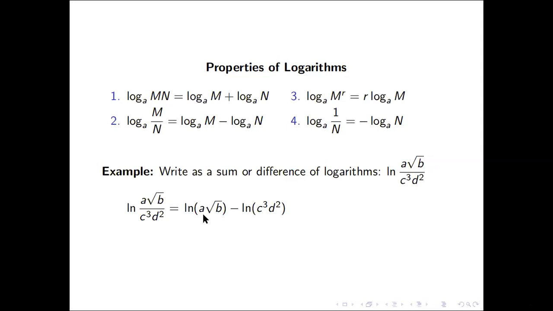We have products for this part, so we split them up into sums by applying property 1. For instance, this one becomes ln A plus ln square root of B, which is B to the 1/2. And then this one is a product of C cubed and D squared. So we have ln of C cubed plus ln of D squared.